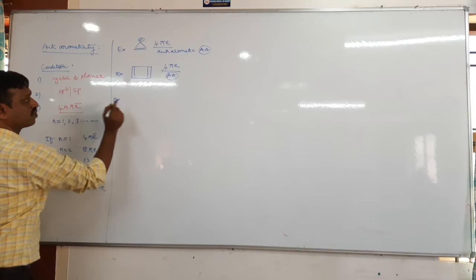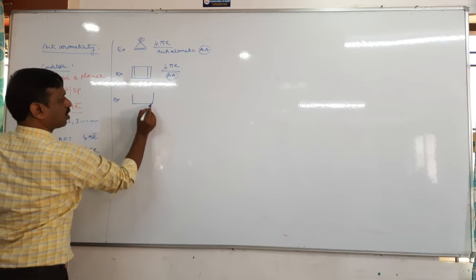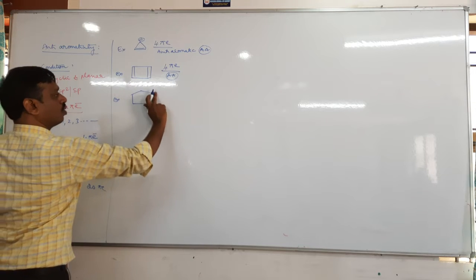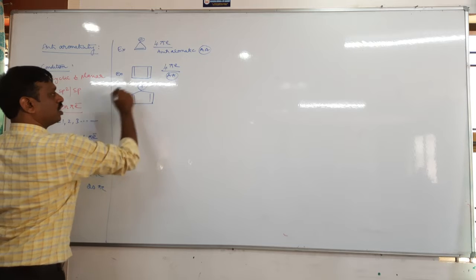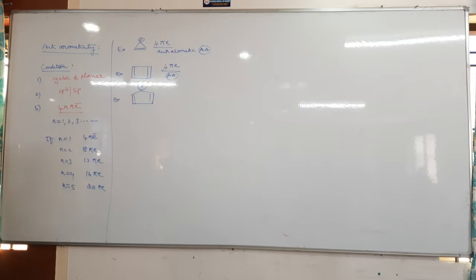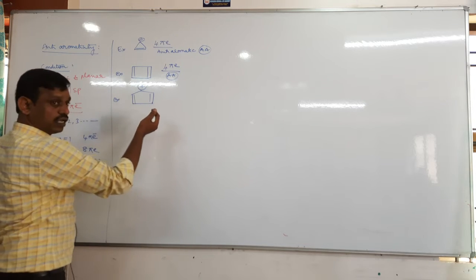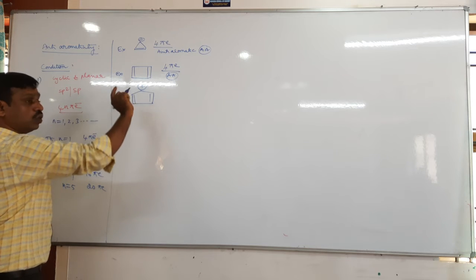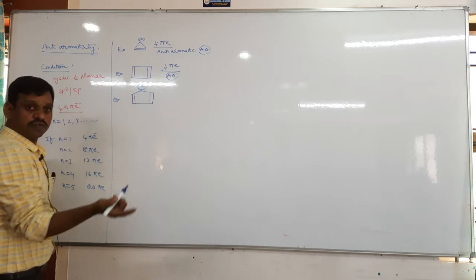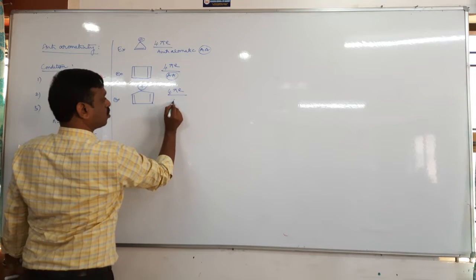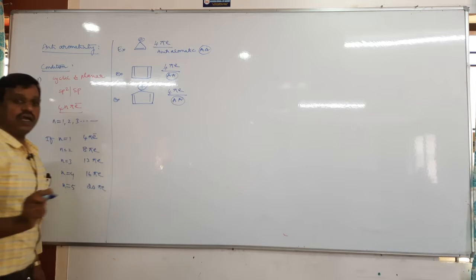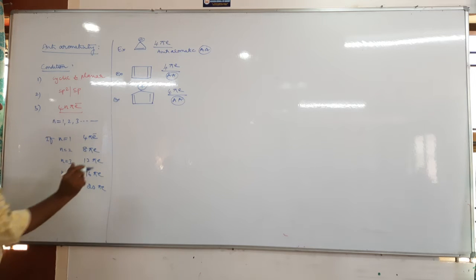Next, let us take the cyclopentadienyl cation, a cyclopentane ring having 2 pi bonds and a positive charge. All are sp2, and the carbocation is sp2 of course. So it has 4 pi electrons, it is also anti-aromatic.